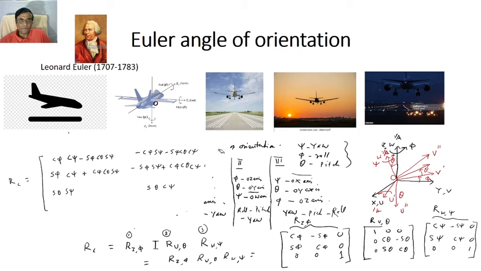Okay, I need more space, so I will erase it. Okay, so this is my composite rotation matrix for type 1 Euler angle representation.